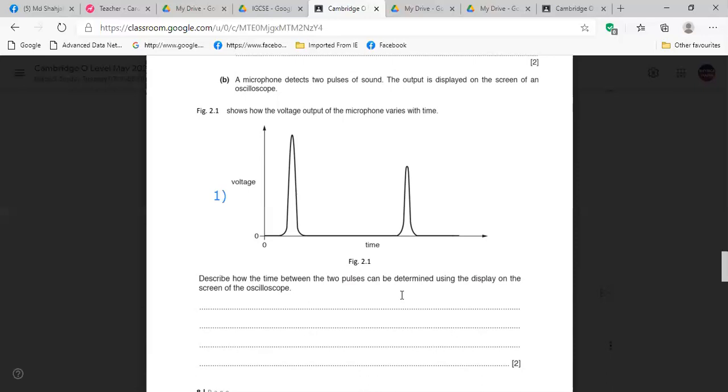Okay, wait. Sir, one minute. Number one, find number of divisions between the peaks.